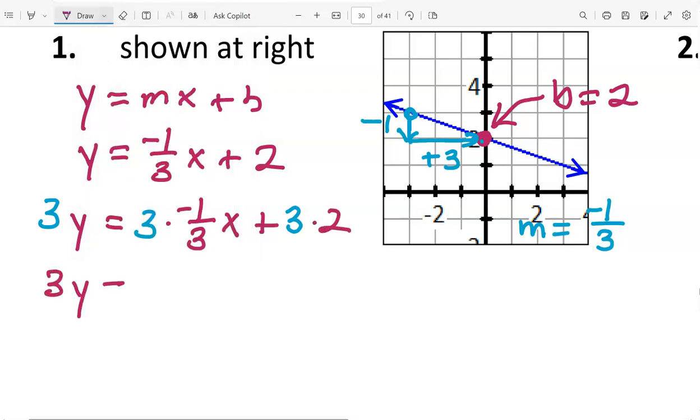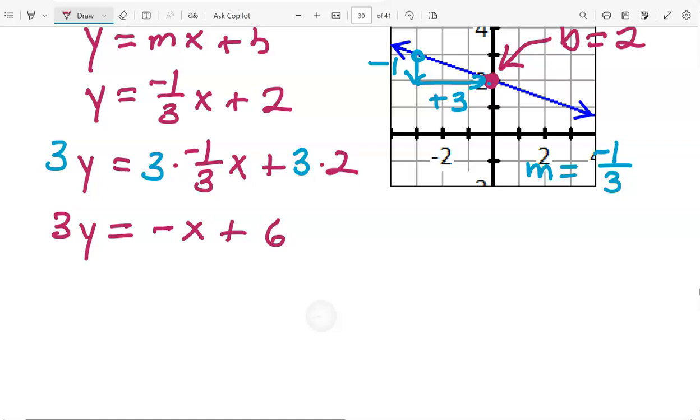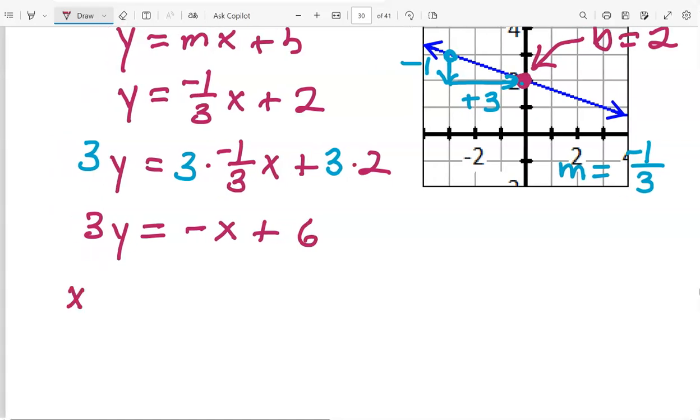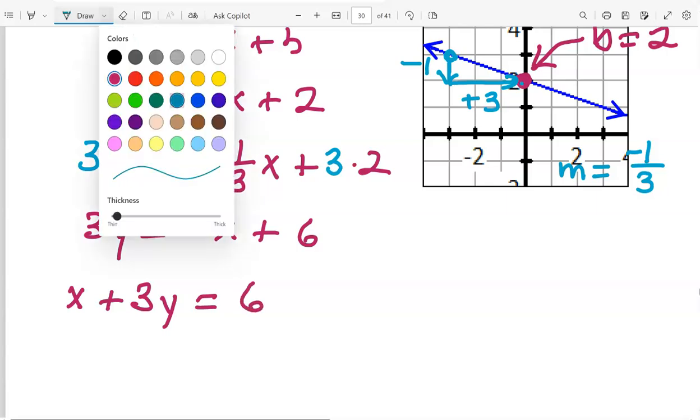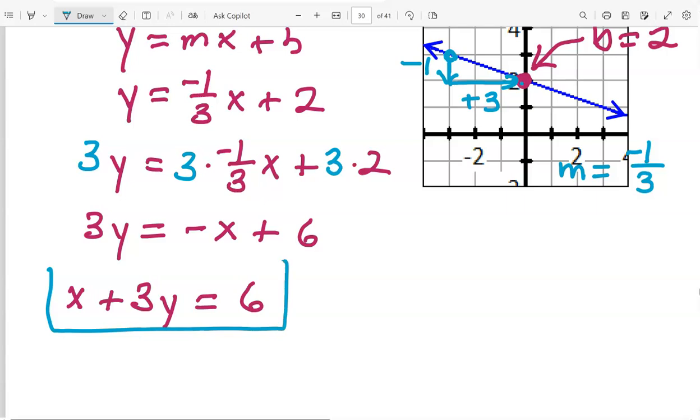So we wind up with negative 3y is equal to negative x plus 6. Now I'm going to add x to both sides, and I'm going to write the x term first so that we get it in ax plus by is equal to c form. And that's the equation in standard form.